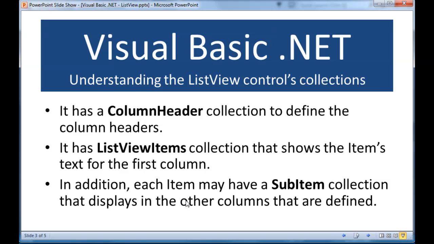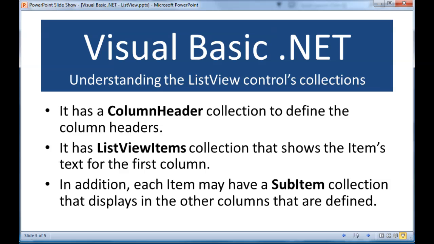Now, as we add the sub items to our list view item and then add it to the items collection, those sub items become the other columns that are defined in our list view control. So we have the column header collection that's going to define the different columns.